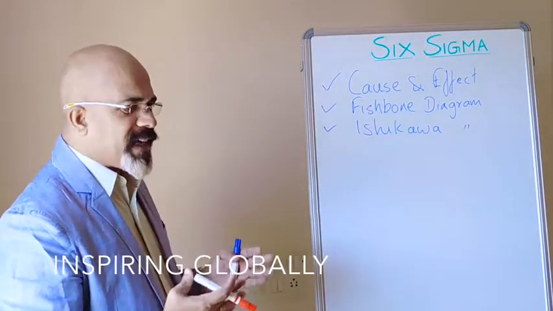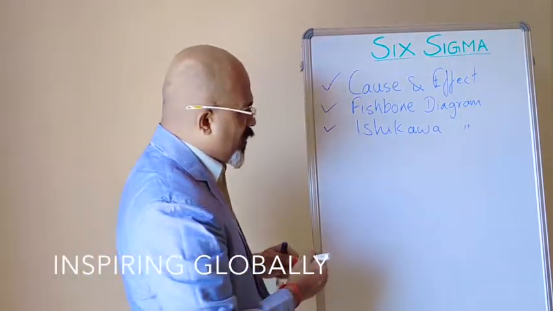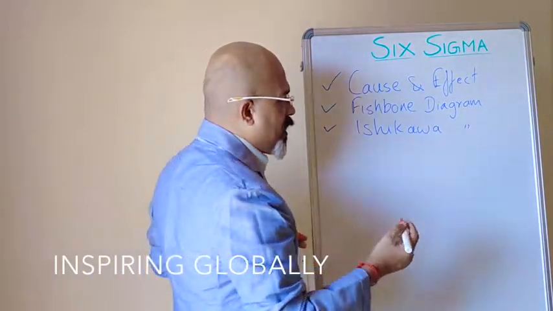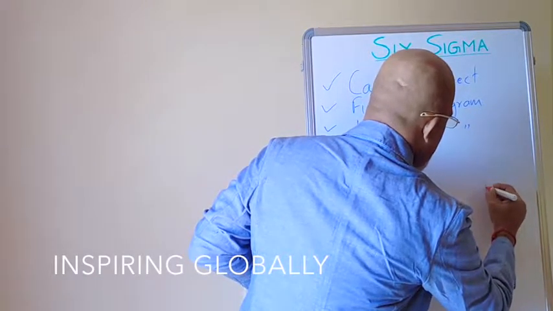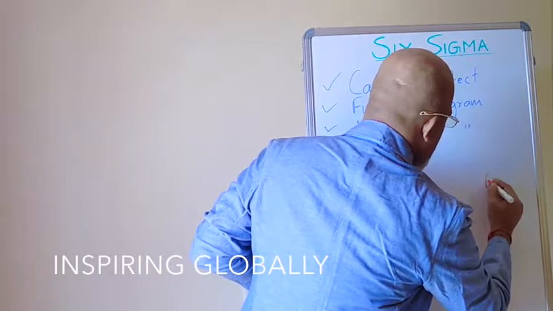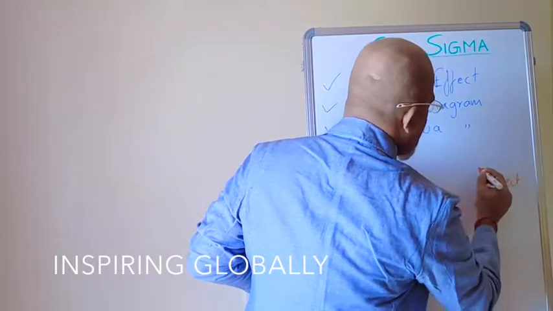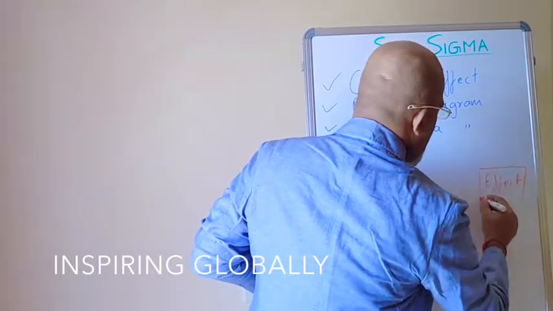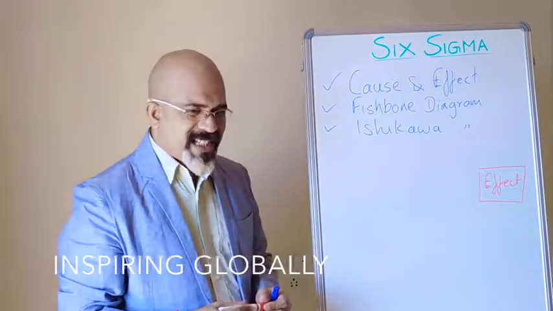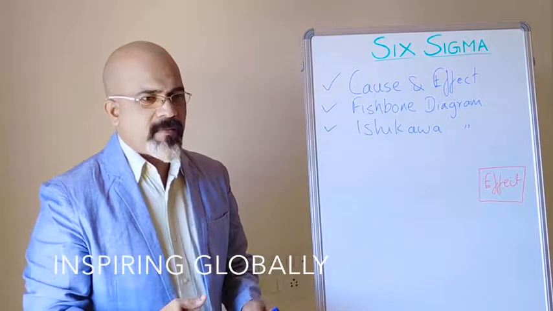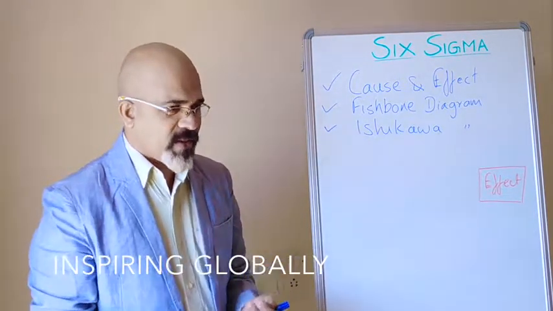Now, how is that used or drawn? First, you need to put the effect. This effect could be a risk, a problem, an issue which you want to do an analysis on.